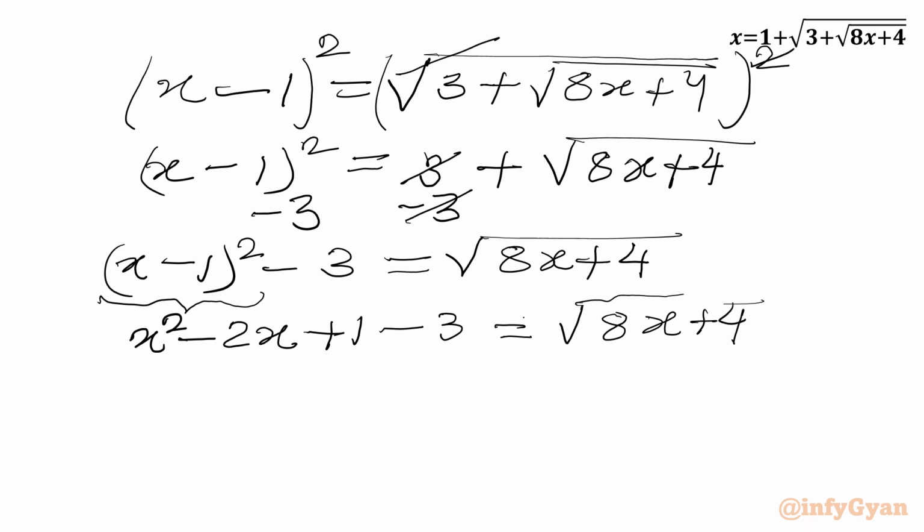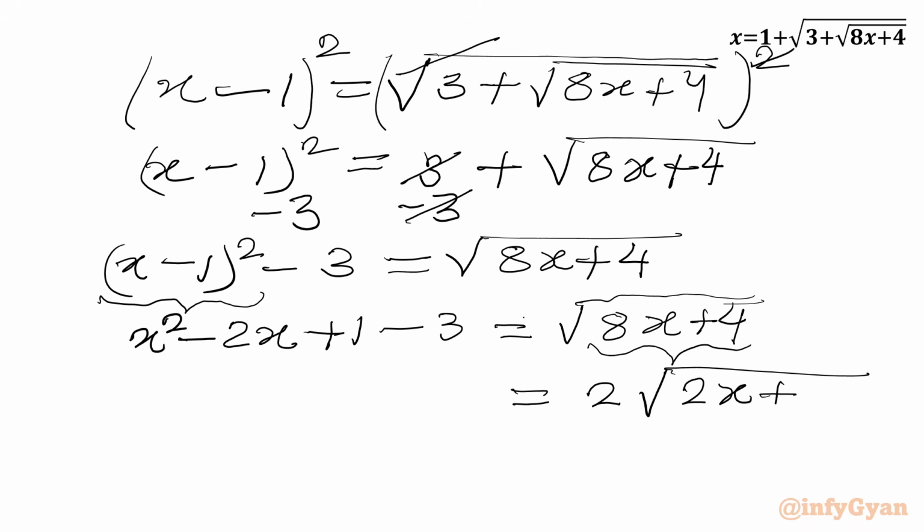Now we can take 4 common from the radicand, so it will come out as 2. We write 2 times square root of 2x plus 1. On the left hand side we have x square minus 2x minus 2.